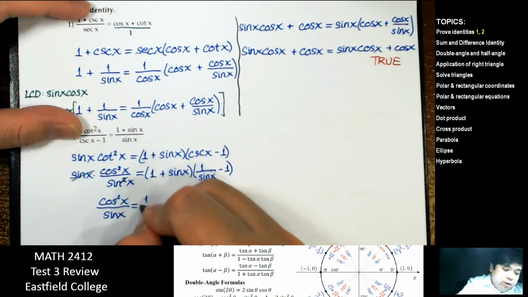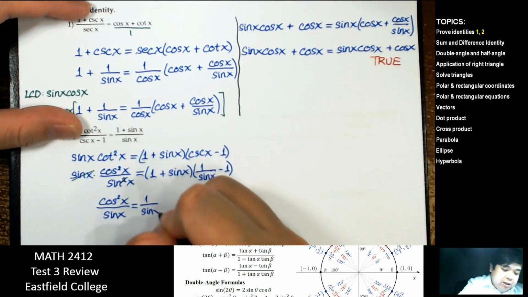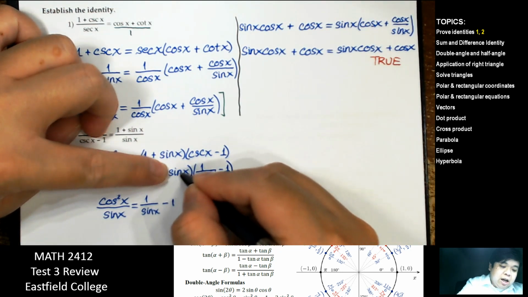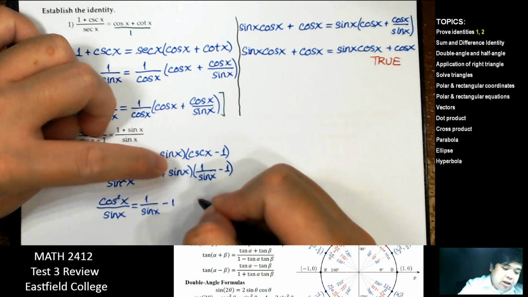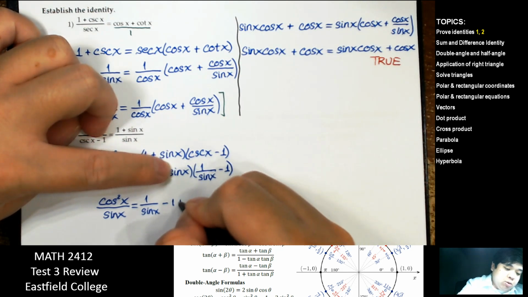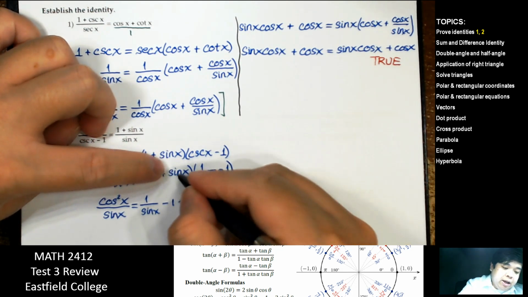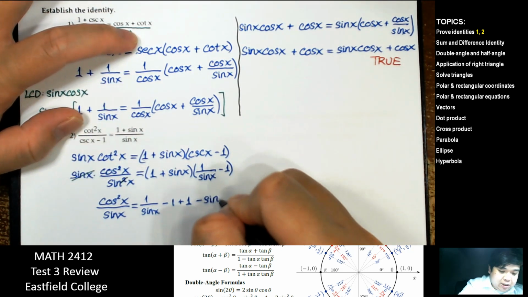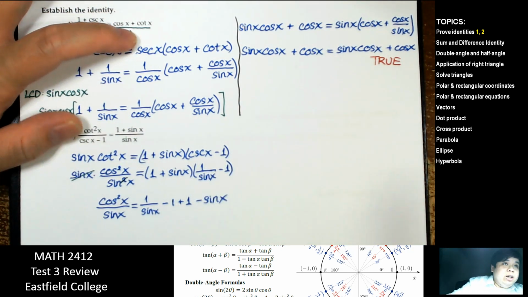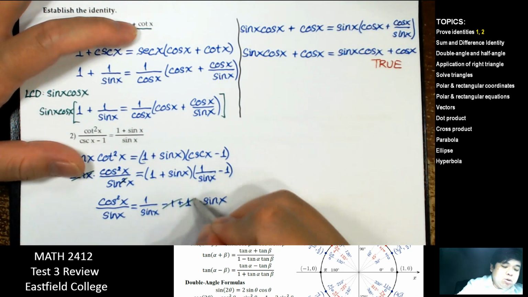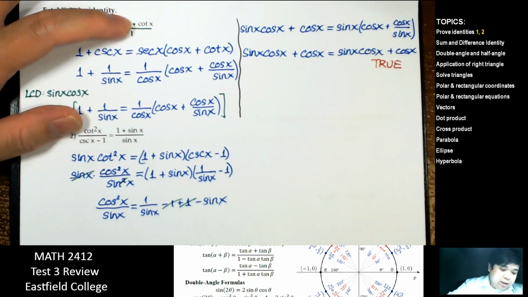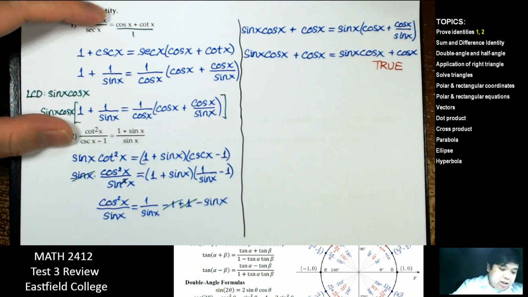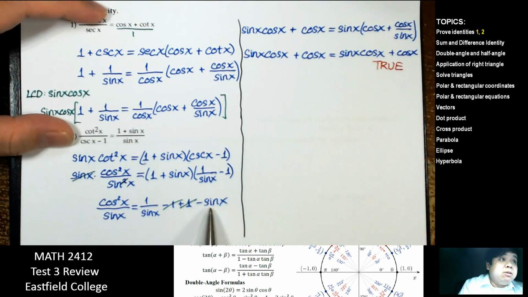We have 1 over sine x, 1 minus 1, sine x times 1 over sine x, that is the plus 1, and sine x minus 1 minus sine x. Yes. So here we have those cancel out. Next, we only have that left.